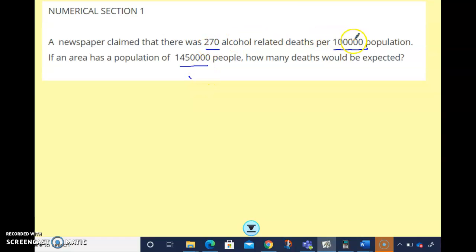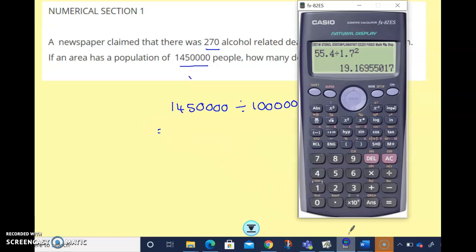Right, so that tells us that in every 100,000, 270 people die from alcohol. So we take our full amount. I think my answer's wrong for this in the assessment. Too many zeros. 1, 2, 3, 4. Yeah, right, that's fine. And then we times it by the 270. Typing that into the calculator. 1,450,000 divided by 100,000.